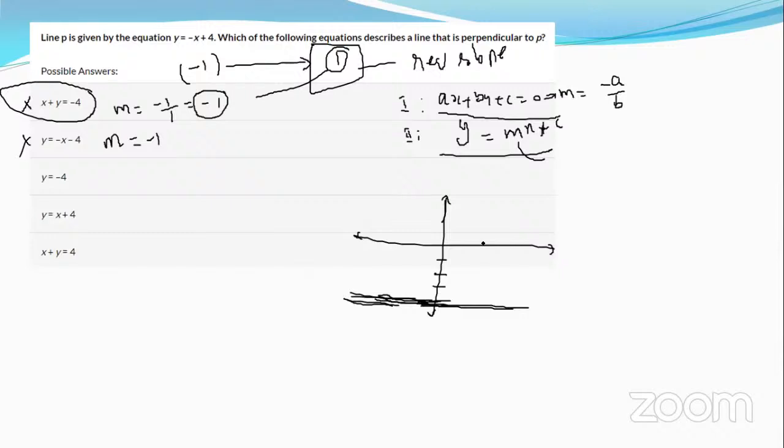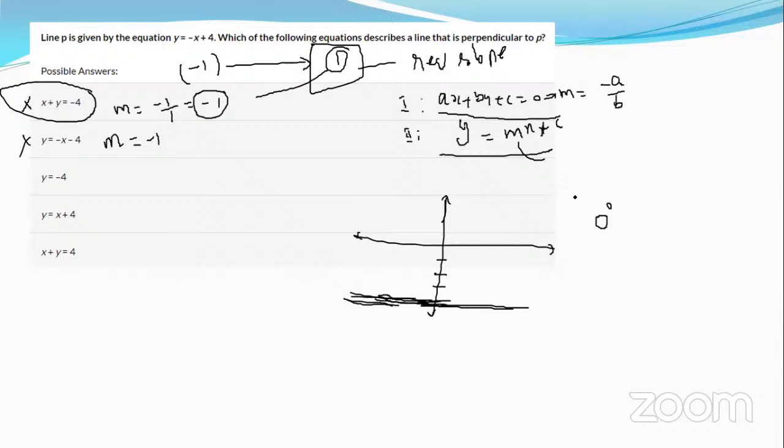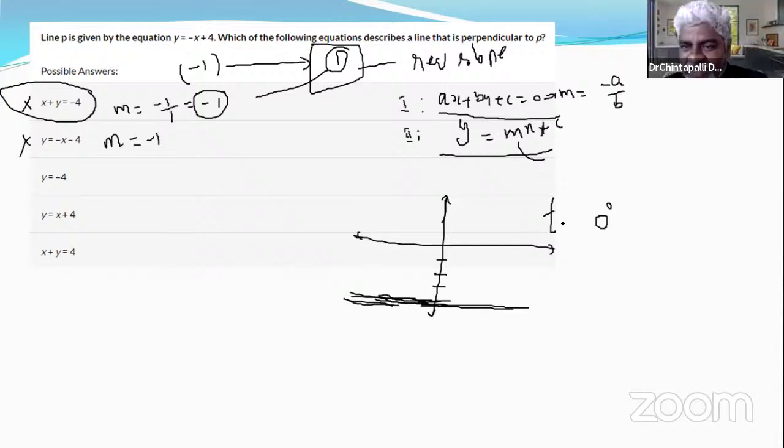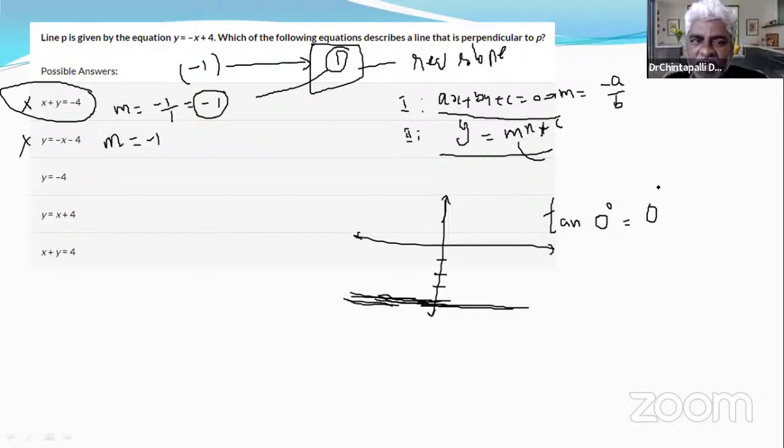That's why there is no question of an angle between the x-axis and this line, so 0 degrees is the angle made with the x-axis. Another formula to find the slope is finding its tangent. Tan 0 is equal to 0 only. That's why its slope is 0.